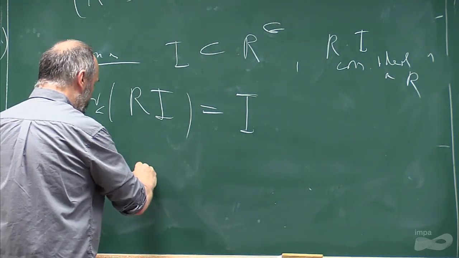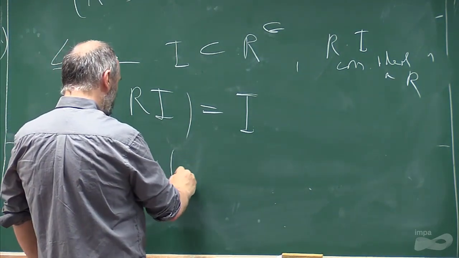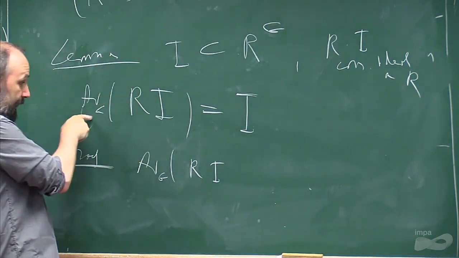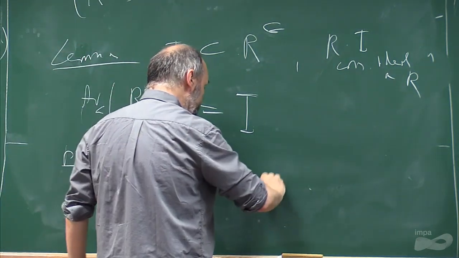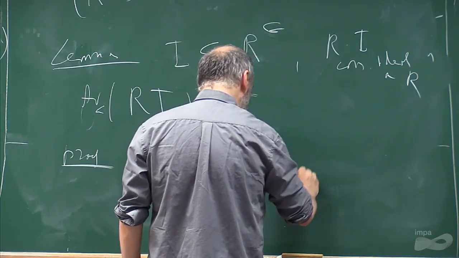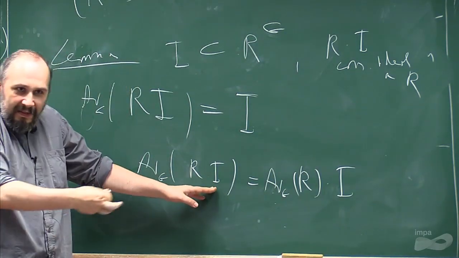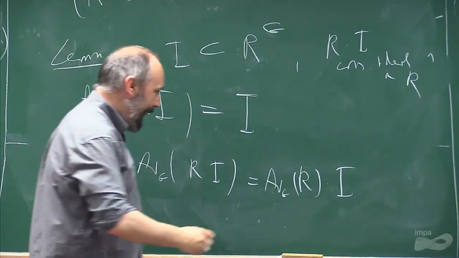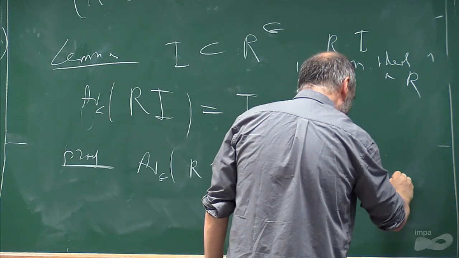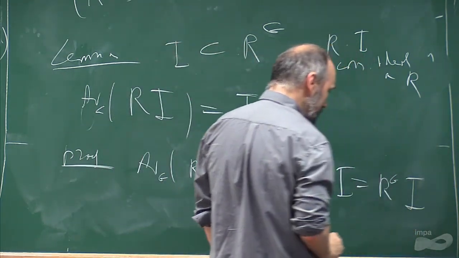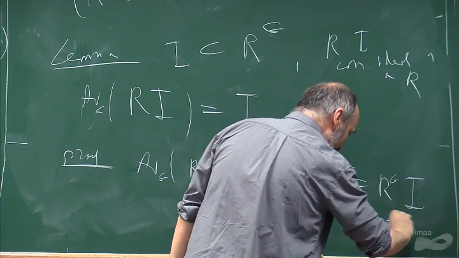We take the averaging over G of RI. I is already G-invariant, so this is the same as averaging over G of R times I. This is invariant, you can move it around. And this is the same as R^G times I, because invariants are the same as coinvariants. And this is the same as I, because I is an ideal.